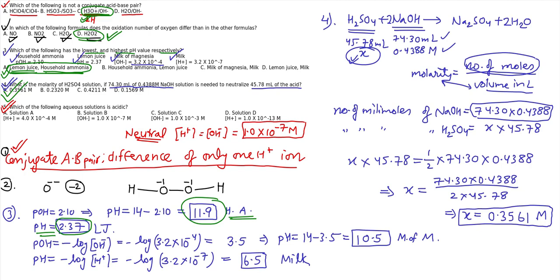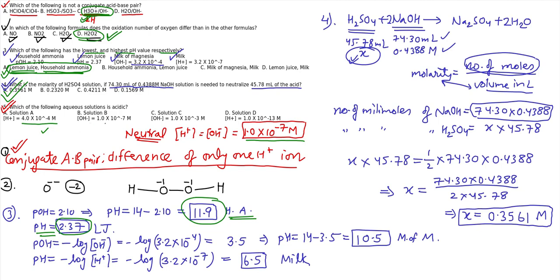So let's see each of the four options given here. First is H plus concentration 4 into 10 power minus 4, which is much larger than this 1.0 into 10 to the power minus 7 molar. So it looks like an acidic solution, but let's check other options also.